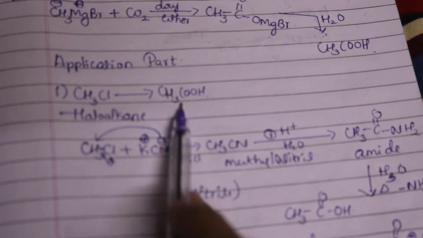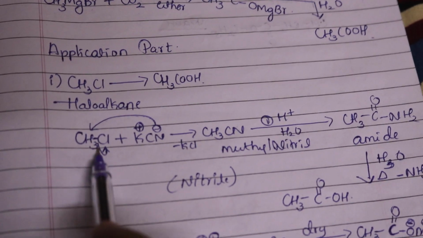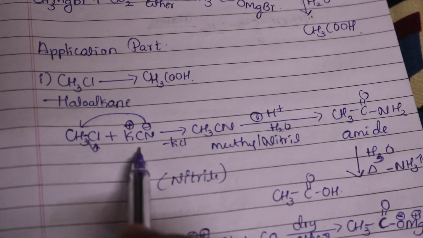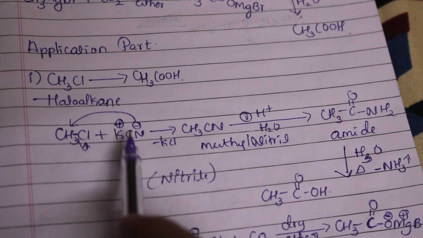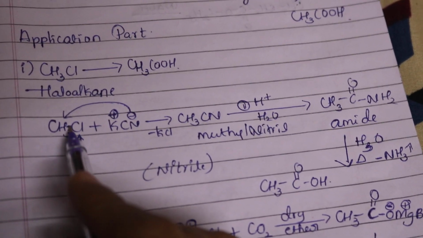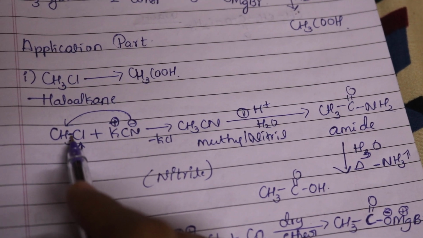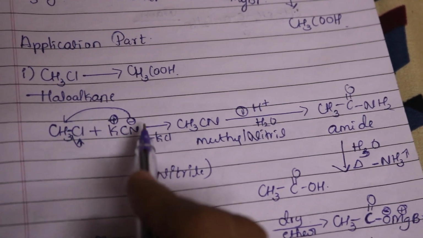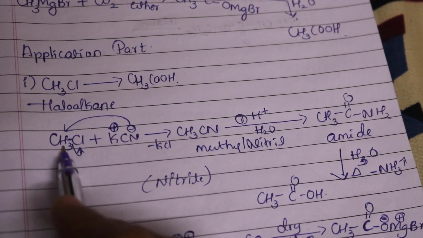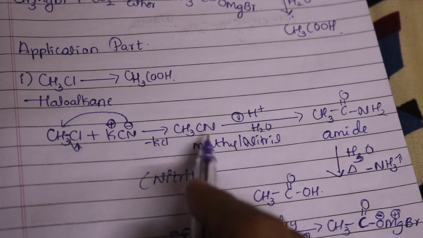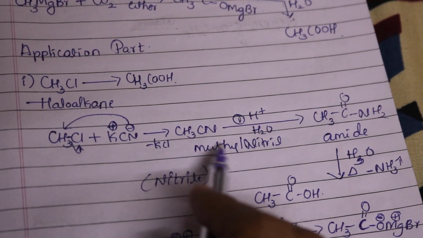Take the haloalkane and treat it with potassium cyanide, KCN. Here the Cl takes the electron, and the CN will attach to this methyl group to form methyl nitrile, that is CH3CN.